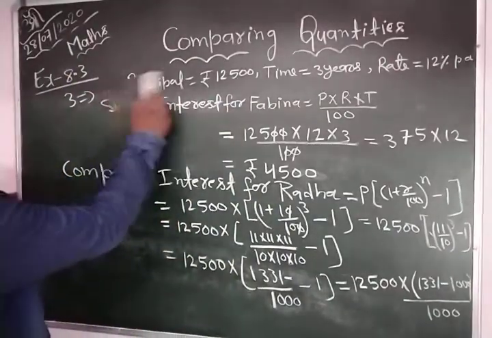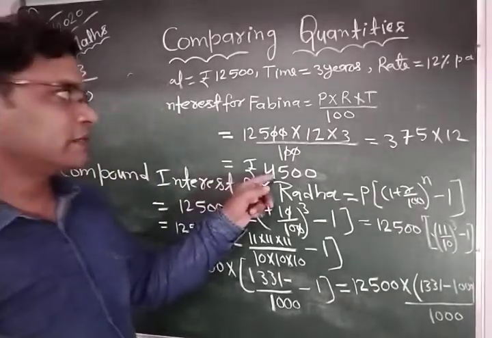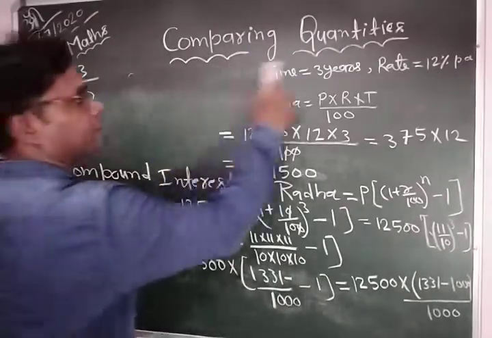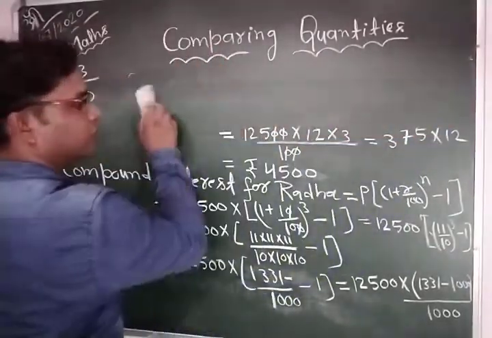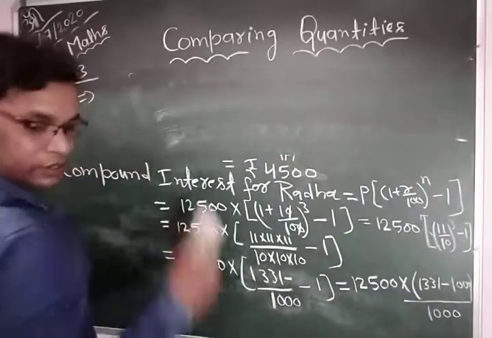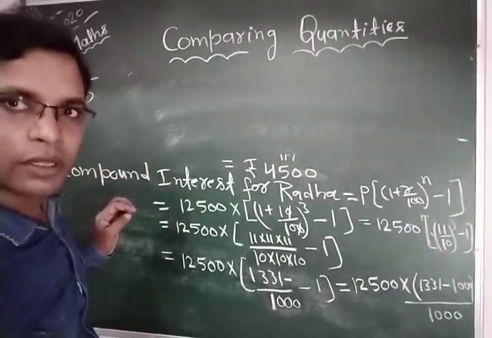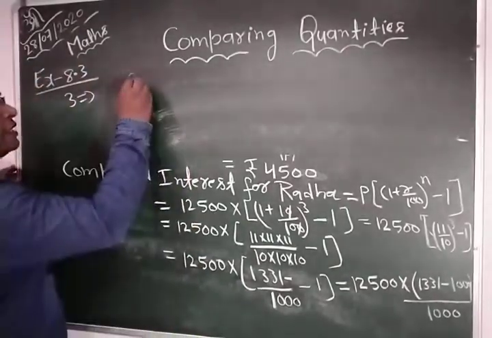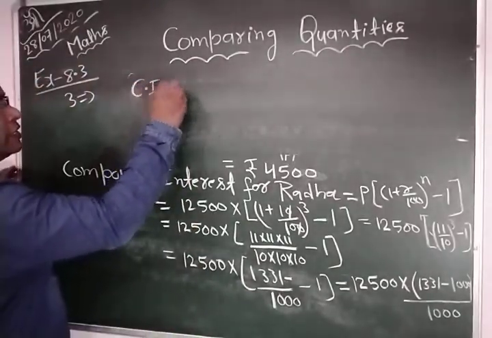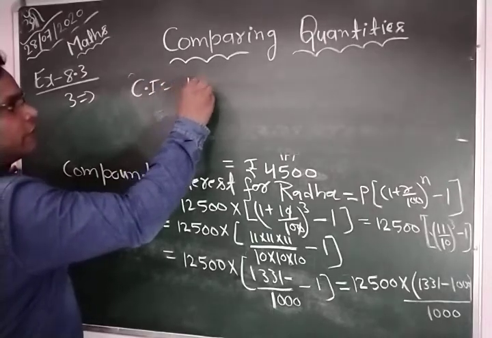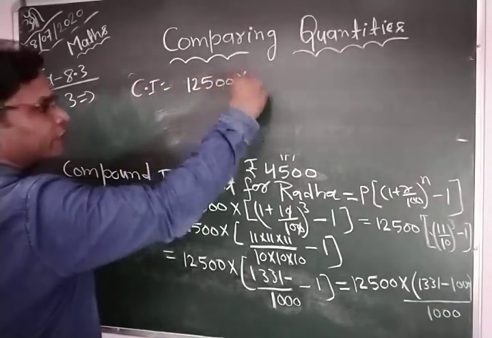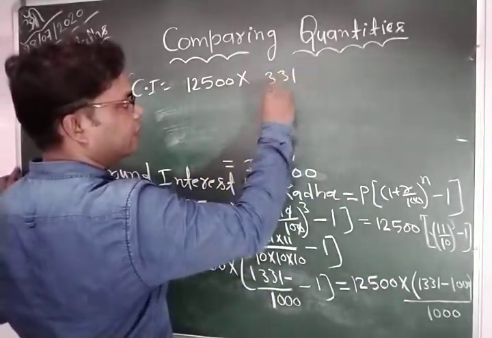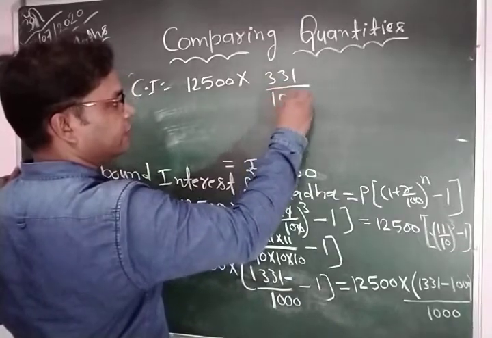So we erase this. This is the simple interest for Fabina, 4,500 rupees. Okay, and we find CI. CI means compound interest. This is equal to 12,500 into 331 by 1,000.